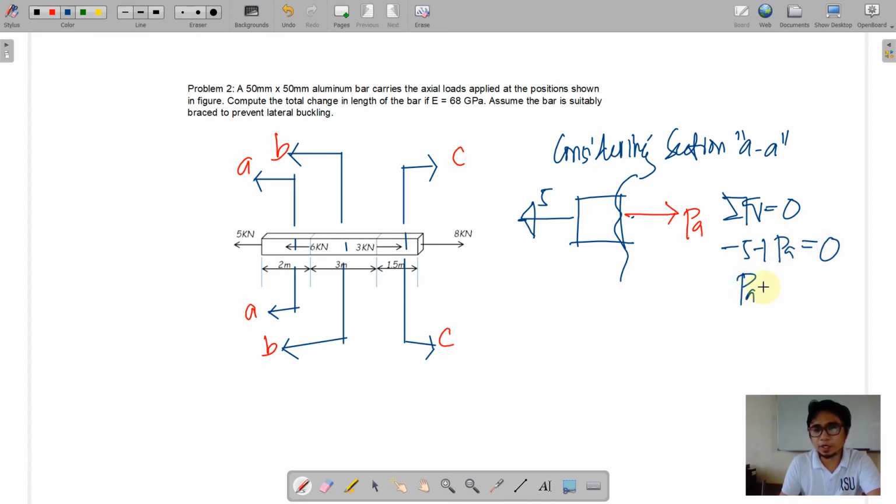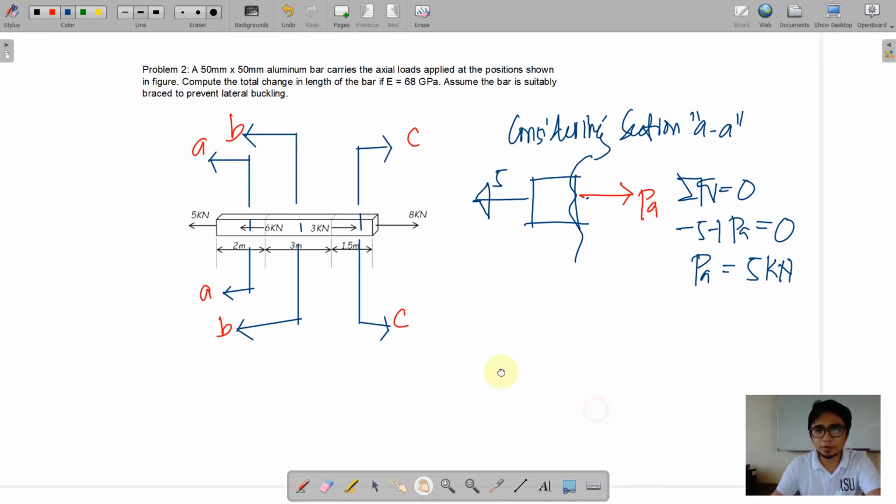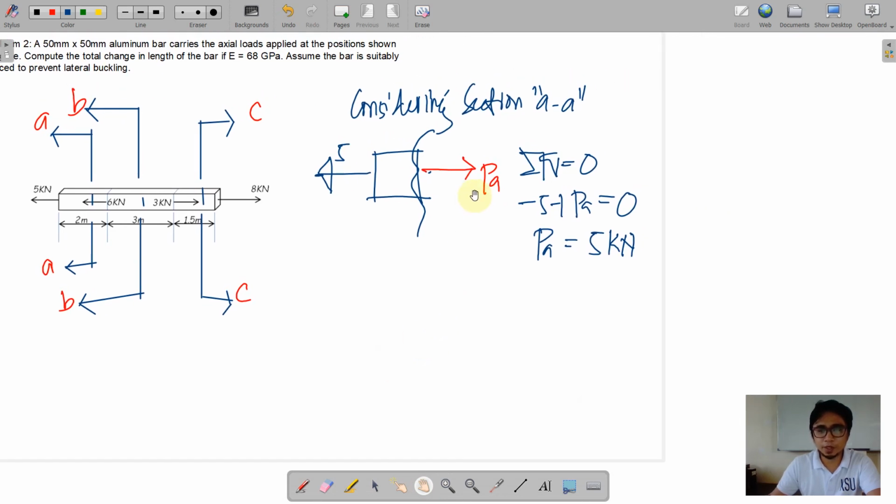So PA here will yield a positive answer, 5 kilonewton. When we have a positive answer, our assumption for the direction of PA is correct, thus it will be maintained. So therefore the orientation of this 5 kilonewton is away from the joint.